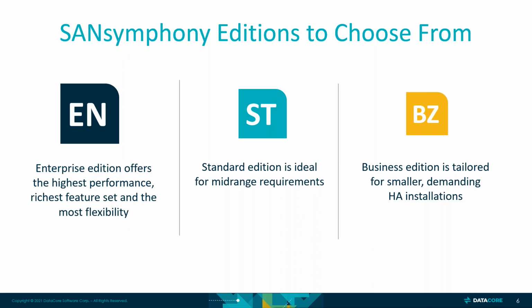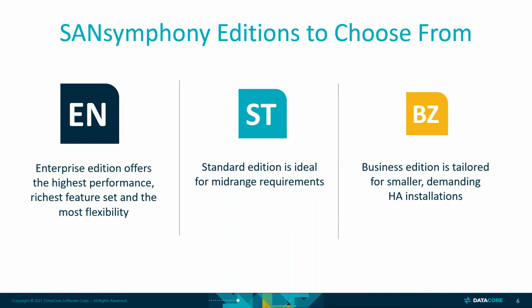So in the SANsymphony line, the leftmost one, Enterprise Edition, has all the bells and whistles. It has the richest feature set and the highest performance, so it deals with a wide range of requirements. The middle one here is the Standard Edition. That is often the choice for mid-range requirements.